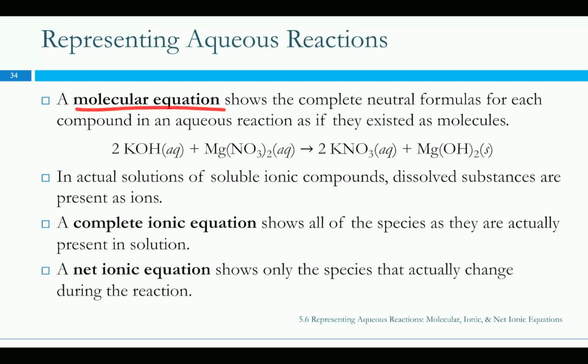Now, most of the time when we're writing a molecular equation, the reason we want the molecular equation is to just see all of the components in the most compact format possible. And the aqueous part of this tells us that these are existing because they're ionic compounds, because it's only ionic compounds when they're aqueous that are dissolved and dissociate into ions.